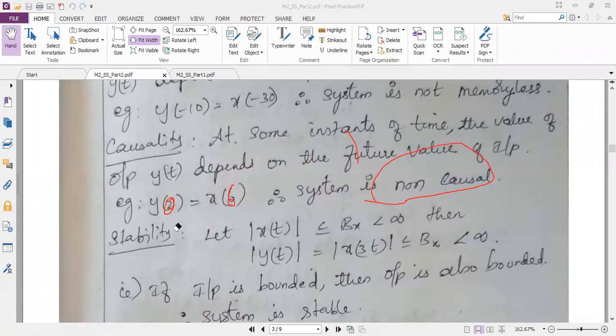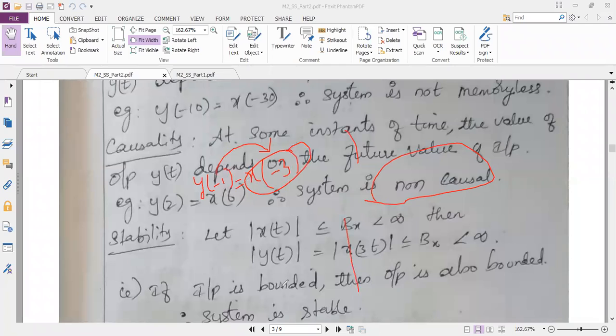You can ask me a question, ma'am. If I give the t value as 1, y of 1, then my x value is x of minus 3. Again, when you compare minus 1 and minus 3, minus 3 is future compared to minus 1.